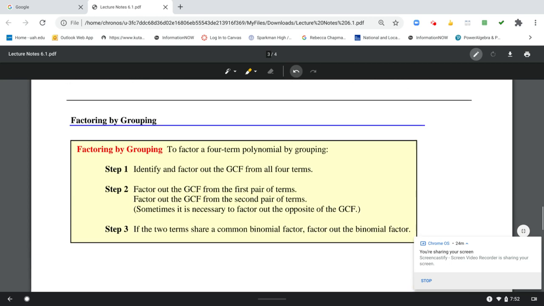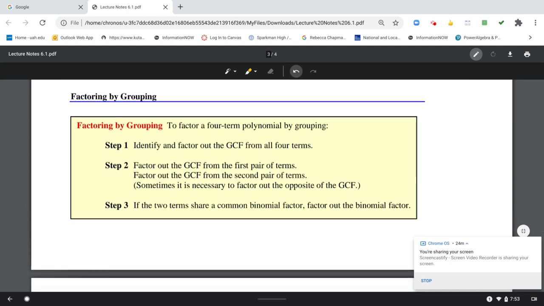All right, so now we're going to do a couple of examples with nothing but factor by grouping. So you identify and factor out the common factor from all the terms. Then in step 2, you'll factor out the greatest common factor from the first pair of terms, then the second pair of terms.